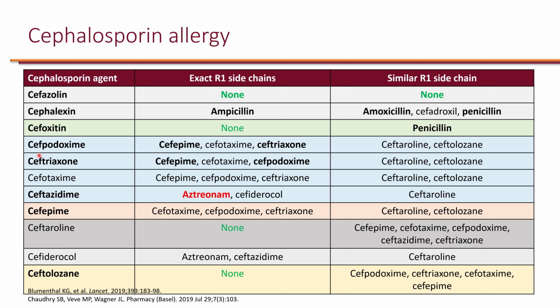Cefoxitin shares with penicillin, and cefpodoxime with cefepime and ceftriaxone. So ceftriaxone, cefepime, and cefpodoxime pretty much share the side chain, so those are best to avoid when one of them is causing a severe reaction. Ceftolozane has a similar side chain with cefpodoxime, ceftriaxone, cefotaxime, and cefepime as well.